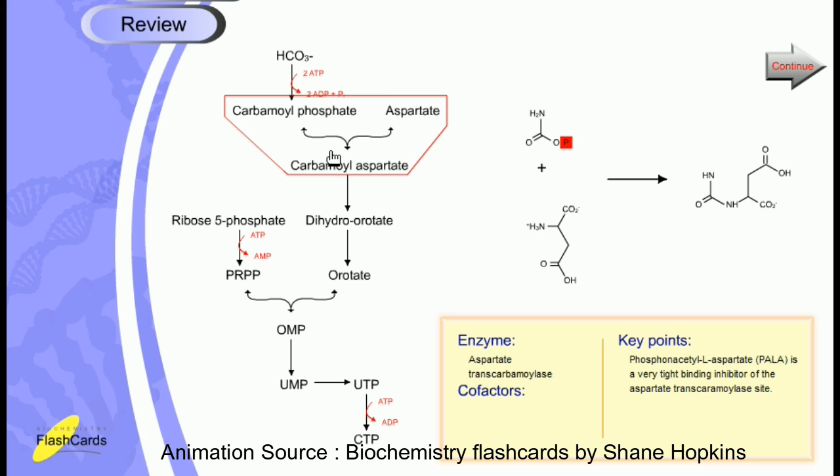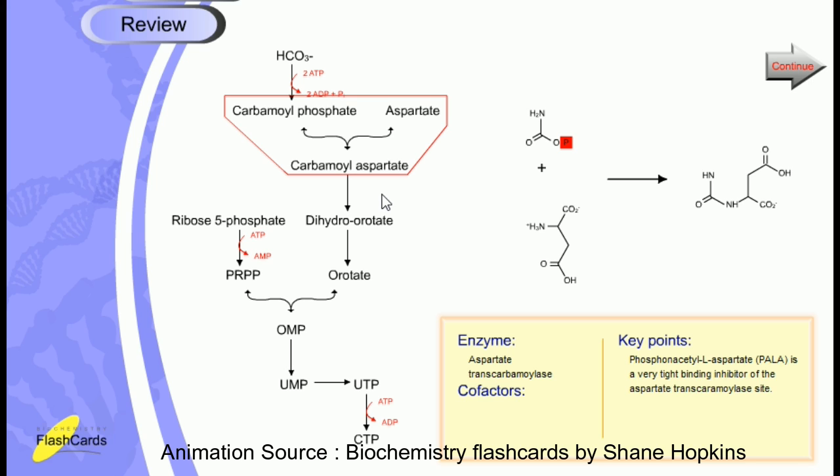In this case they require this aspartate transcarbamylase enzyme to properly place the carbamoyl phosphate with the aspartate, and they form an intermediate structure. Nothing is produced, nothing extra is released. They produce an intertwined compound of carbamoyl aspartate and phosphonoacetyl L-aspartate, or PALA.